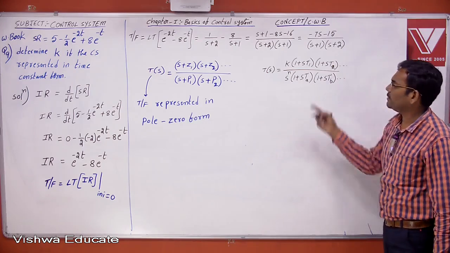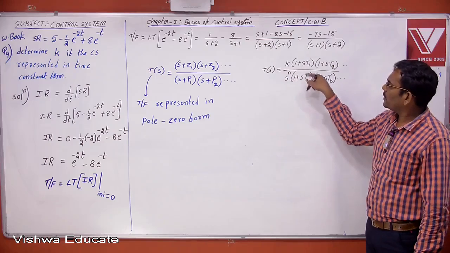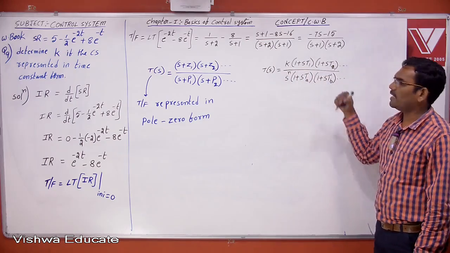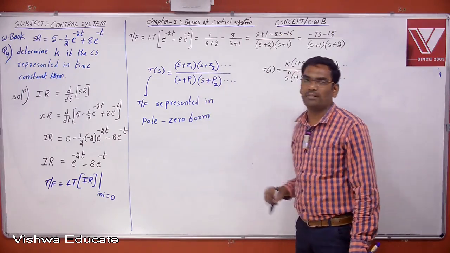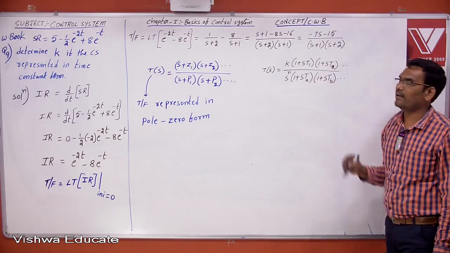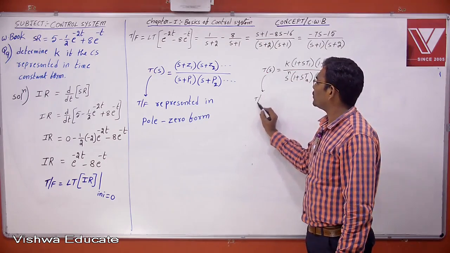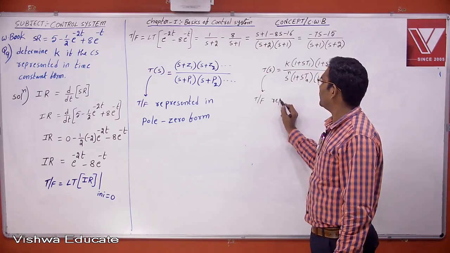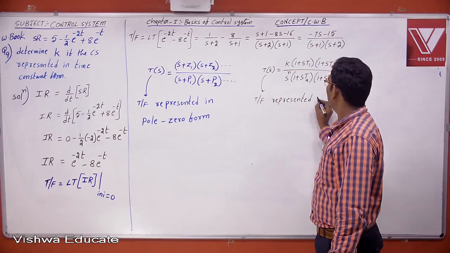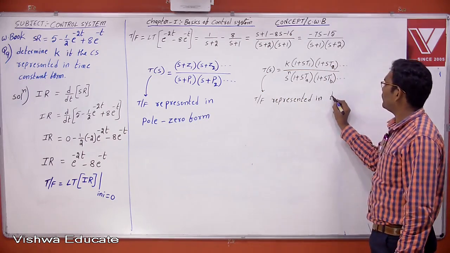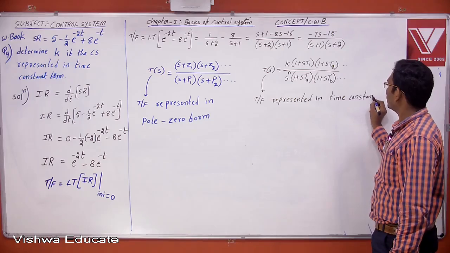In this transfer function, T1, T2, TA, TB are available directly, whereas in pole zero form Z1, Z2, P1, P2 are available. Therefore, this way of representation is called the transfer function represented in time constant form.